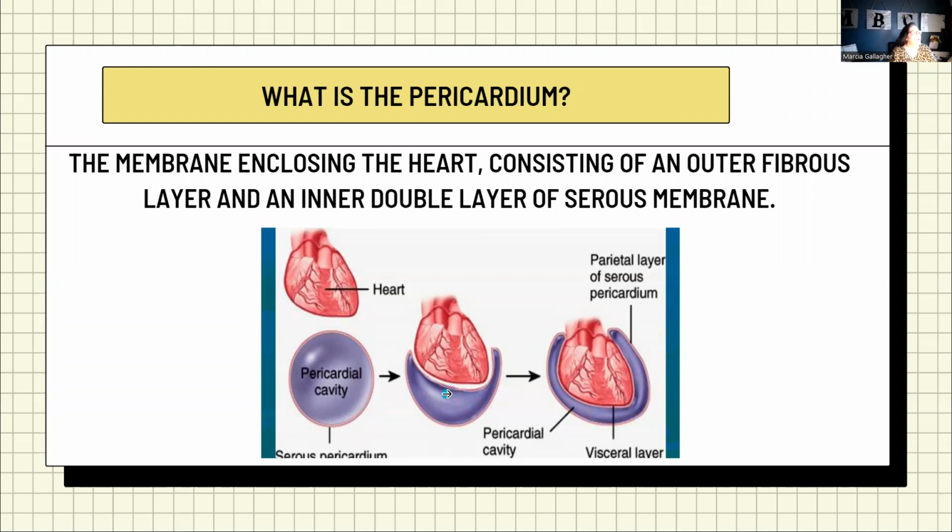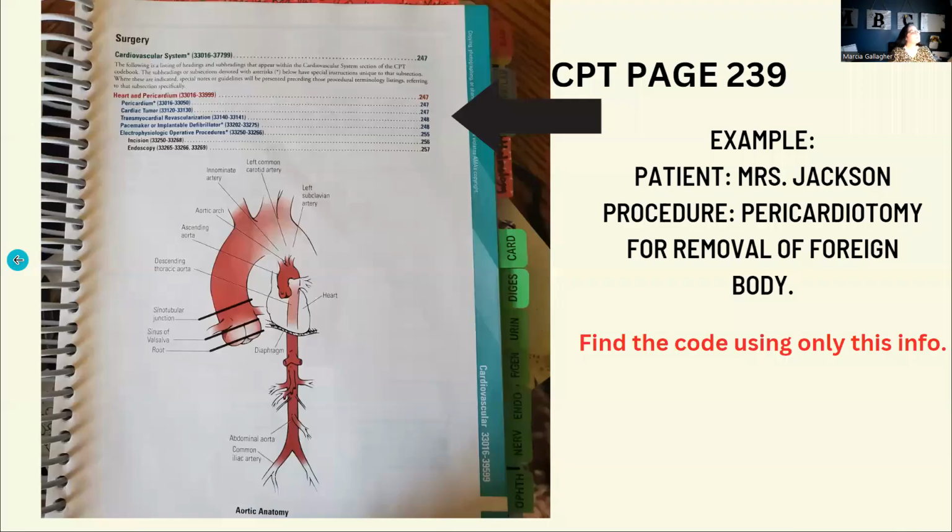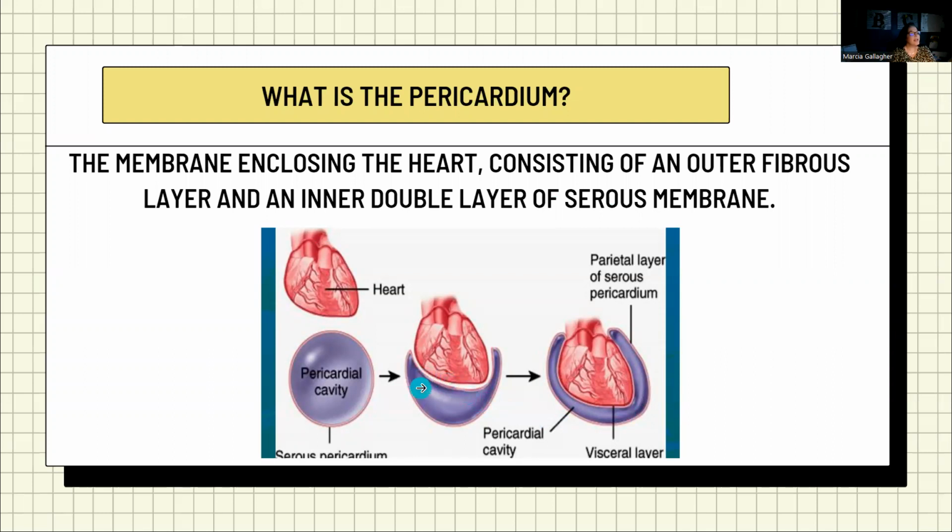So the pericardium is a membrane that encloses the heart. So what were we doing here? We're removing a foreign body from the membrane that surrounds the heart.